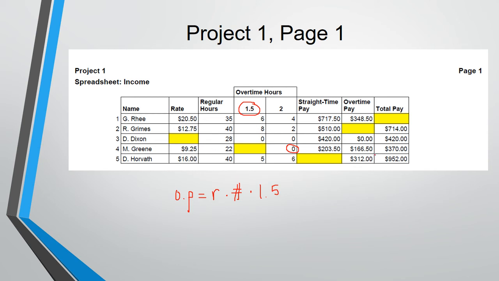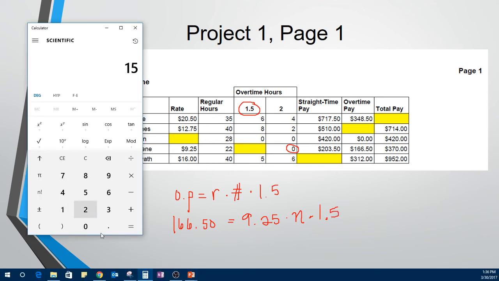So we're going to plug in overtime pay, which is $166.50, equals the rate, which is 9.25, times the number of hours. We don't know the number of hours, so we're going to keep it as a variable. You can put the pound sign or just put the letter N. It's really up to you. Times 1.5. Next we multiply the 9.25 times the 1.5, and we get 13.875.